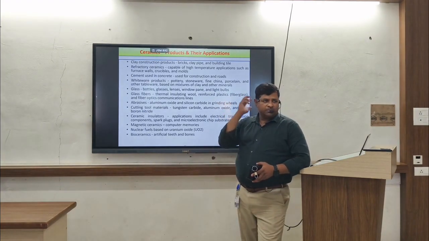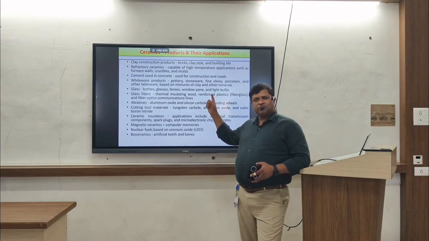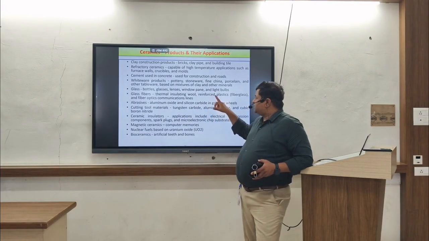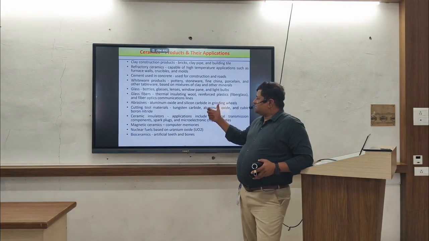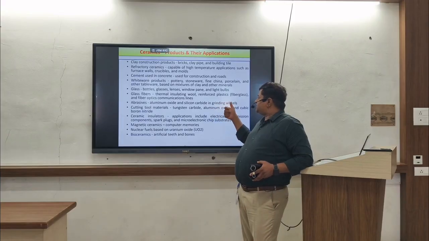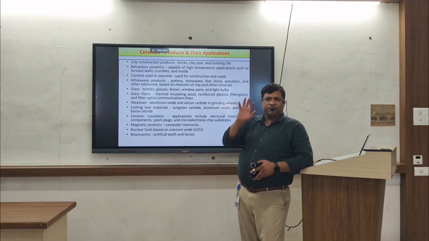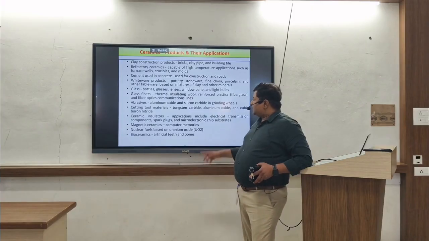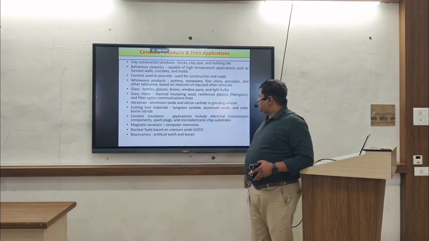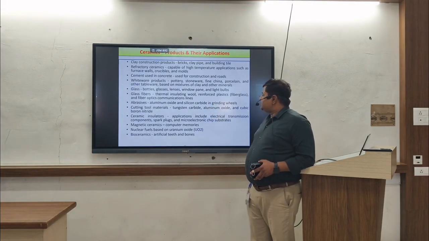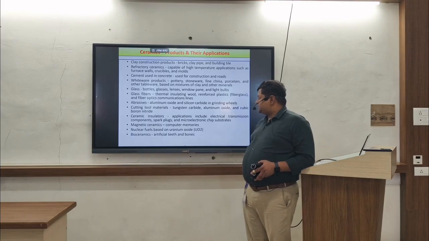Chinese जो आपके dinner set वगैरह रहते हैं, that is one of the best example of this whiteware products. Then glasses are there, bottle, glass, lenses, window panes and light bulbs like window glasses are also kind of a ceramic material. Glass fibers is there, thermal insulating wool, reinforced plastics, then fiber optic communication lines.